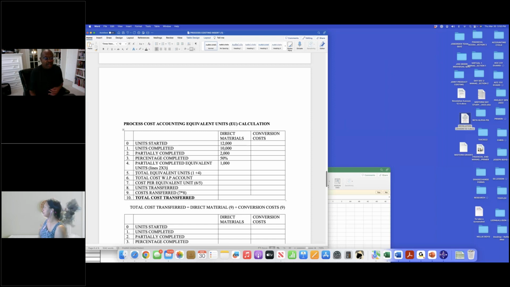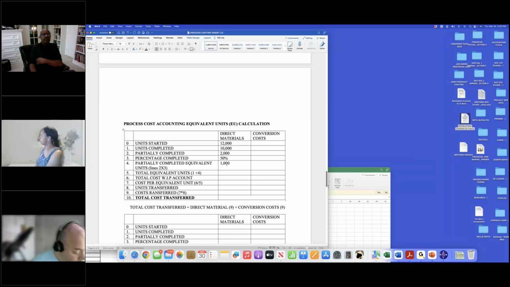So we just multiply line 2 times 3, and that gives us this amount. Because they only have half the cost in it, we cut them back to 1,000. Then we add line 1 and line 4, and so the total equivalent units is going to be 11,000.